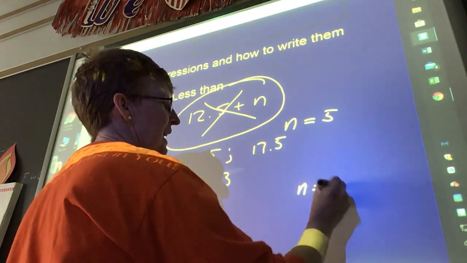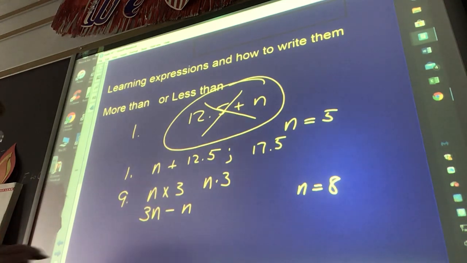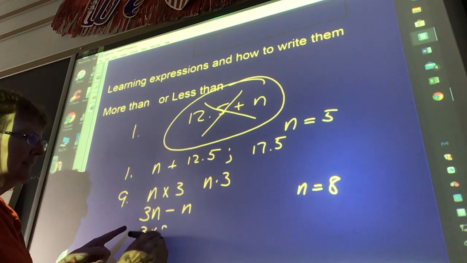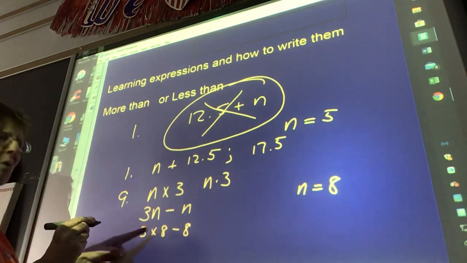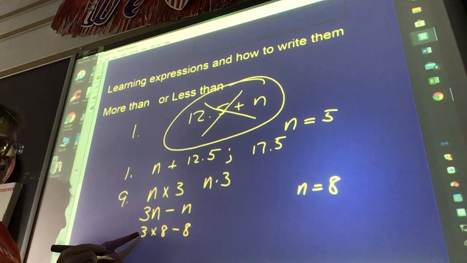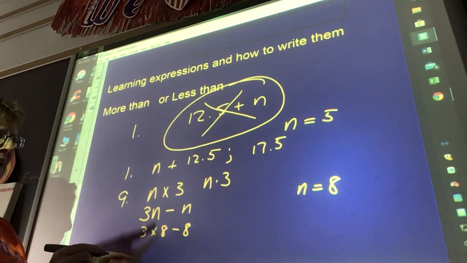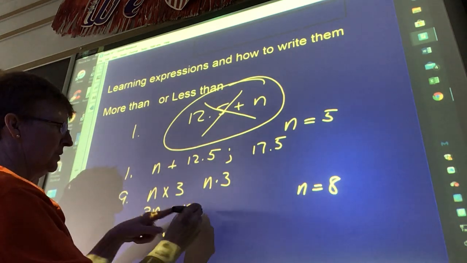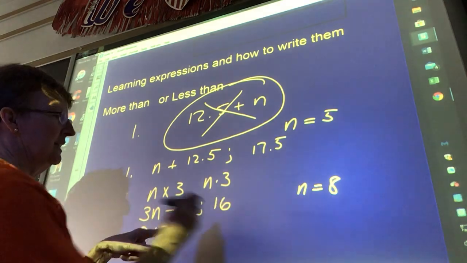So now we have to put 8 into our expression, and it would look like 3 times 8 minus 8. We have to follow the order of operations, so 3 times 8 is 24, minus 8 is 16. So here's my expression, and my answer is 16.